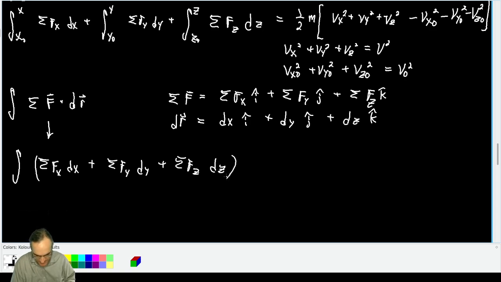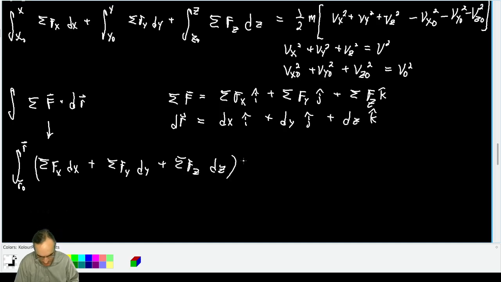And you can see how that's going to split out. If we're thinking about our r initial and our r final as our starting and ending vectors, well, the sum of forces in x only cares about how the x component is changed, and the sum of forces in y only cares about the y, and same thing with the z.